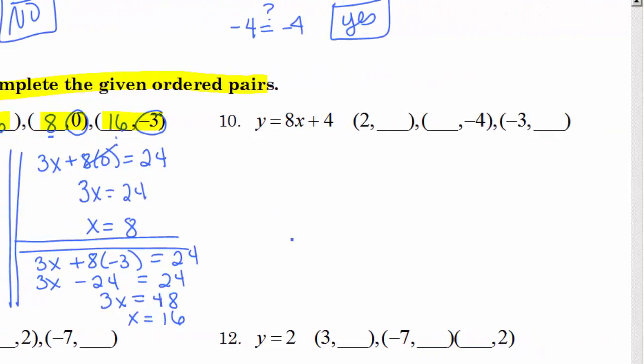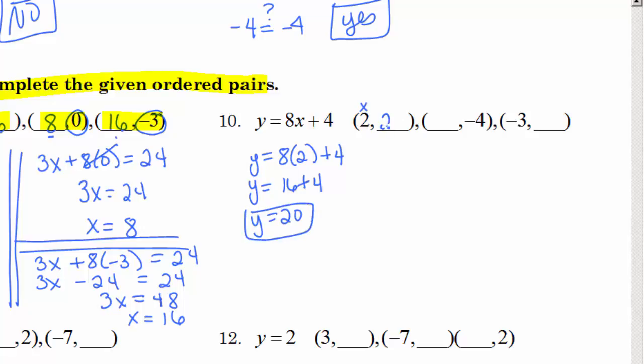Let's do number 10. Okay, so we're going to plug in 2 for x and do the math. And we get 20. Now, why was that a little bit easier? I think it was easier because the y was by itself, and that's what I needed to find. Well, over here on number 9, I had to move things around.